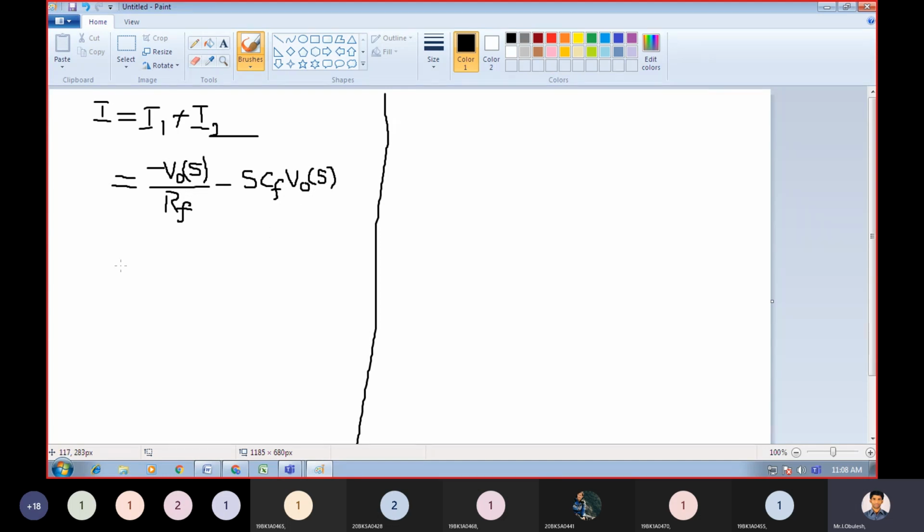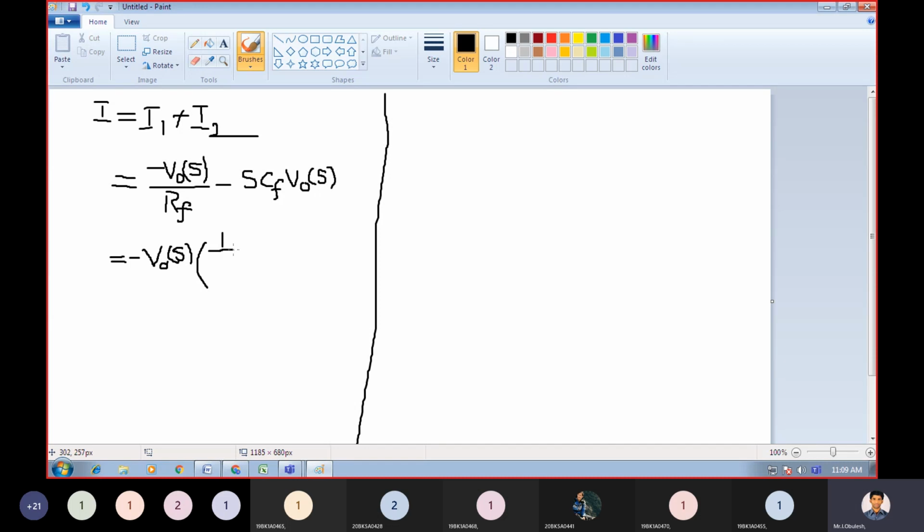Simplify the expression. That equals minus V naught of S. You need to take common from these two terms: minus V naught of S is the common term from these two terms.